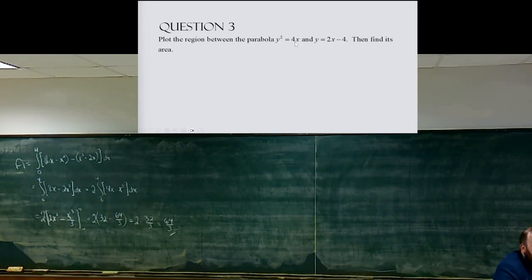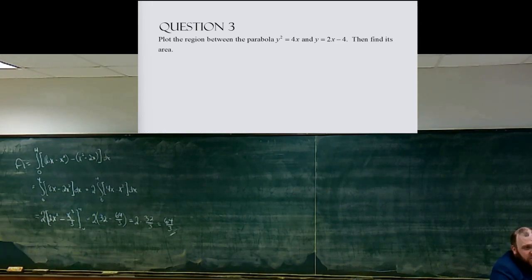Or, y squared is 4x. Actually, I can do it this way. y is also 2x minus 4, so take 2x minus 4 and plug it in here. 2x minus 4 quantity squared is equal to 4x. Solve for x. Because remember, if you're finding the point of intersection, it's where they're equal, which means these two y's have to be identical.